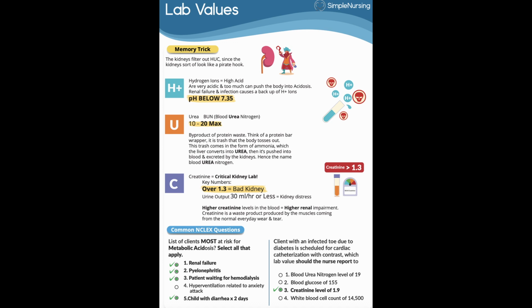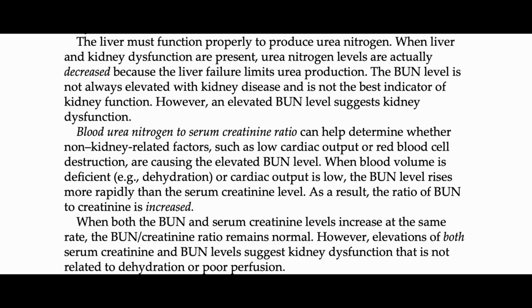An elevation in the BUN does not always mean that the patient has an acute kidney injury, okay? It has to go hand in hand with something. If you just see that BUN is elevated, don't automatically think the patient is in kidney failure. You're thinking something else, maybe they're dehydrated. An elevation in BUN and creatinine together suggests some kind of kidney dysfunction.